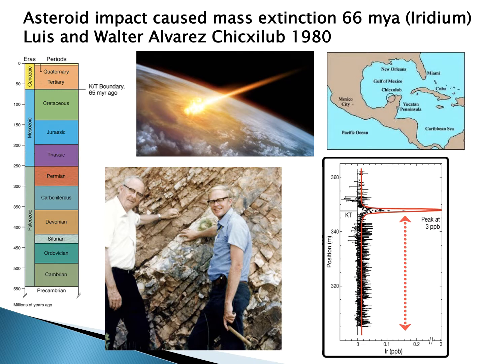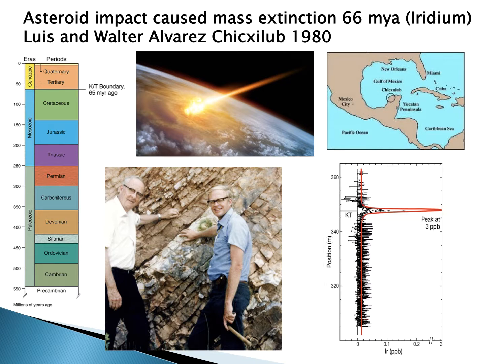But right in that layer, there was a high concentration of iridium. And iridium is rare on the Earth, but it's fairly common, or at least at higher concentrations, on meteorites and asteroids. So they proposed that this mass extinction was caused by an asteroid strike on the Earth, and a pretty substantial asteroid strike.